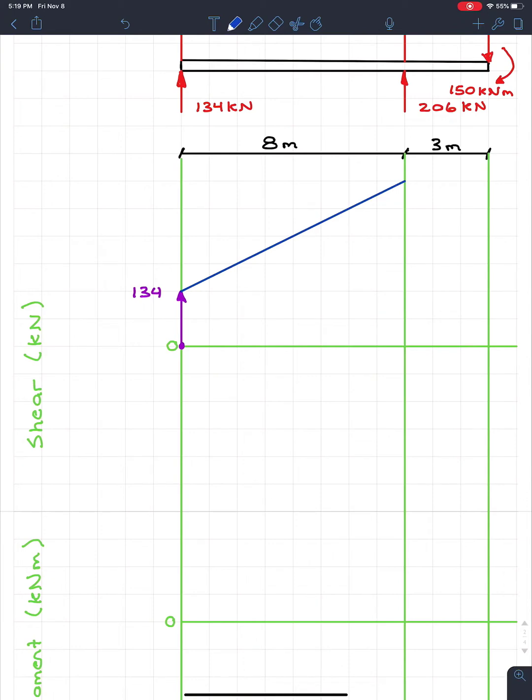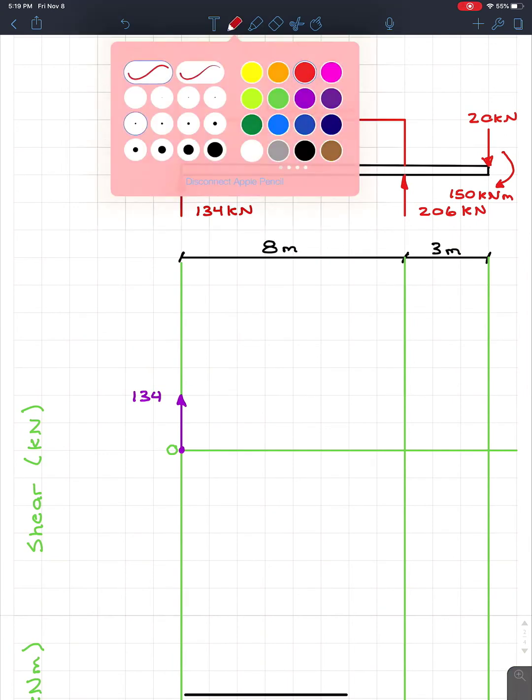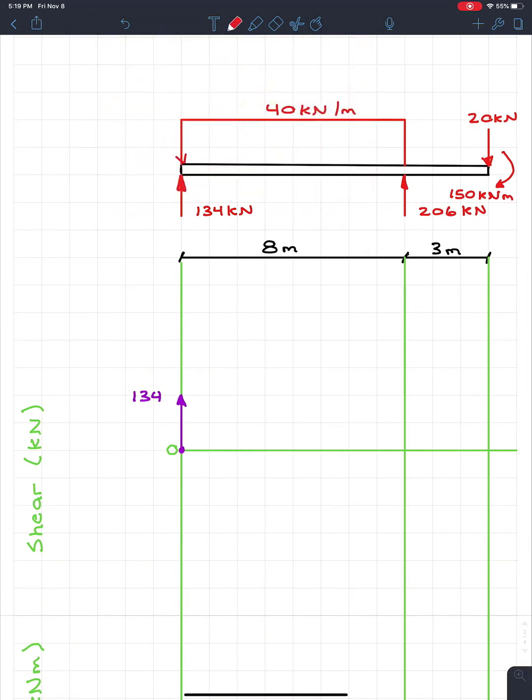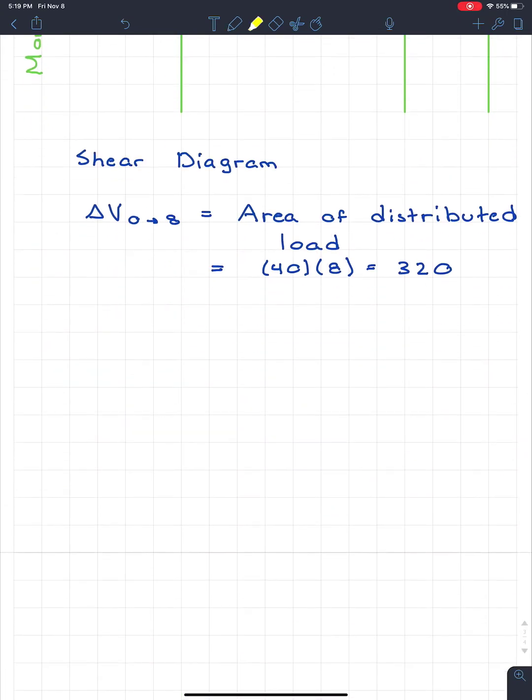Well, that's actually incorrect. If we look at that distributed load, even though we don't show it, I'll show it a little more clearly now, this distributed load actually acts downwards. So if we were being technically proper and correct, in our calculations we should have negative 40, and our answer is negative 320.